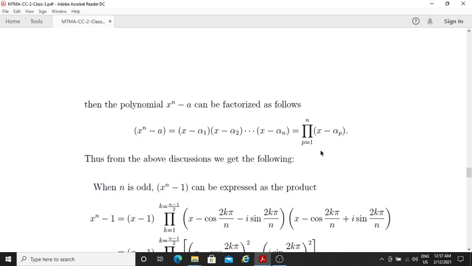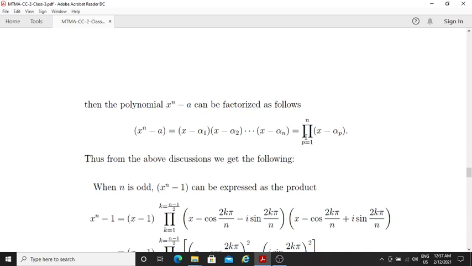I don't know whether you're familiar with this notation or not, but you have to be familiar with it. This notation is called the product notation. It is similar to the summation notation, which you must have seen.